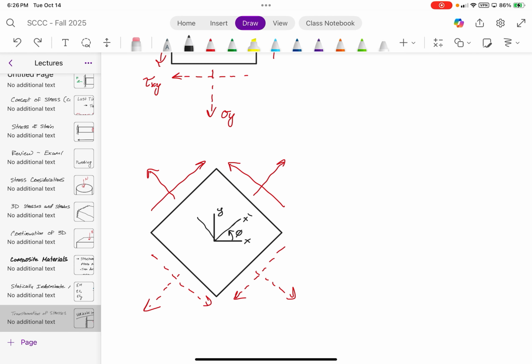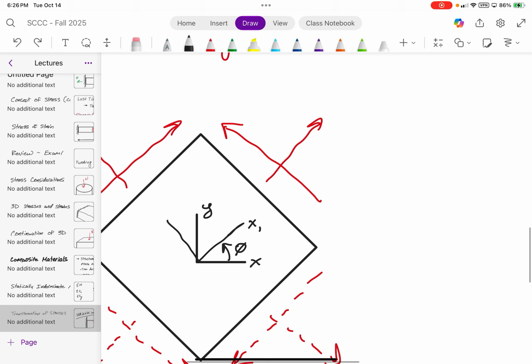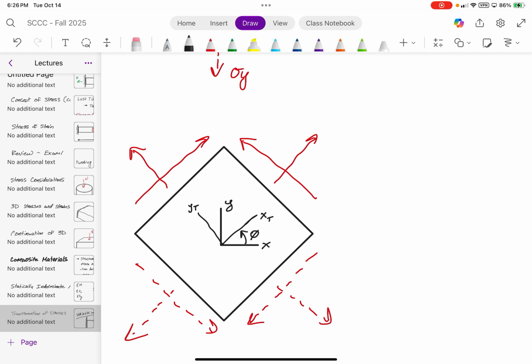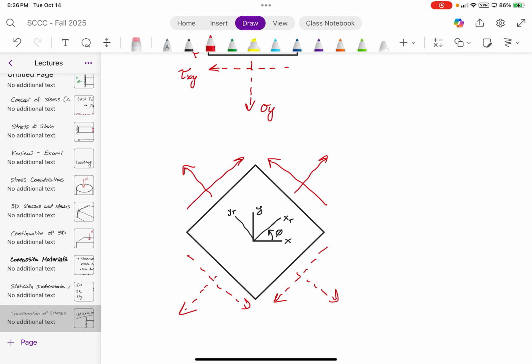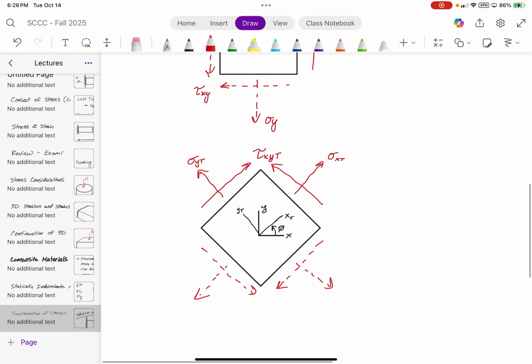Actually, call them xt and yt to represent the transformation that we're interested in. And then from here, we can call these sigma xt, sigma yt, and then tau xy t. T representing the transformed stresses for some rotated block.